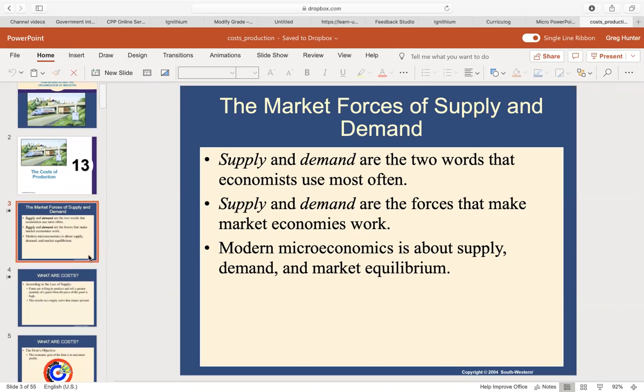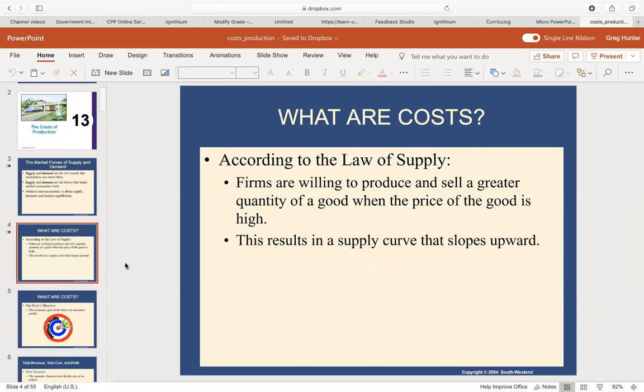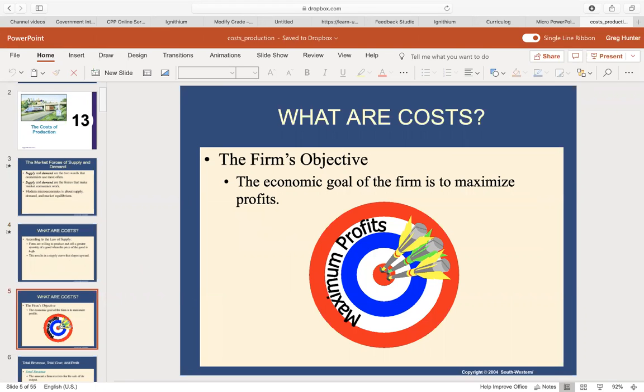The beginning part of this lecture is stuff we've already talked about, and it's just the idea that we're trying to explain the law of supply and explain why it is that when prices go up, businesses are willing to produce more of a good or service. So why the supply curve slopes upward.